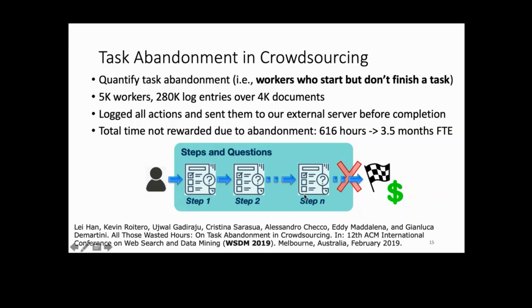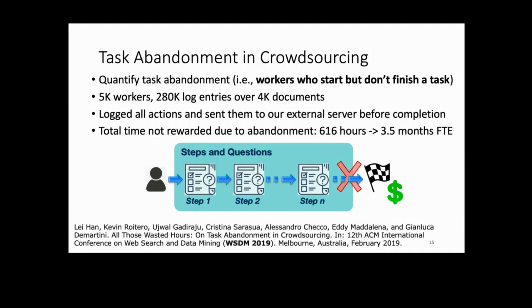We, again, did a large data collection effort, and what we observed in our experiments involving a large number of workers and tasks is that still a lot of time is wasted on these tasks and it's not rewarded. Because the worker decides not to complete the task, not to submit it, they abandon the task, and therefore a lot of time is wasted by the workers and is not rewarded by the platforms and the requesters.